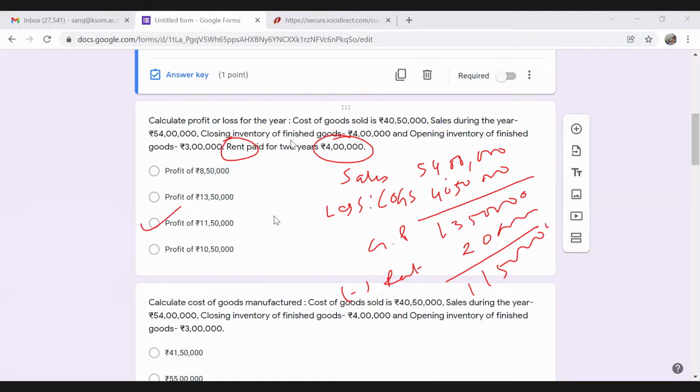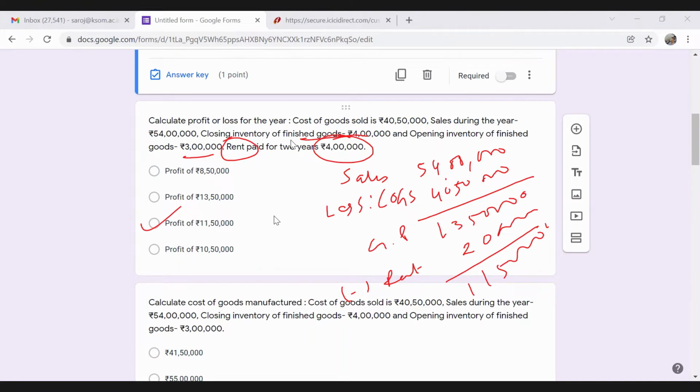These two pieces of information are of no use in this question because cost of goods sold is already given. To find out cost of goods sold, you take these two into consideration. Now, as it is already given, you don't need to bother about this. The other way of thinking is that when we have to take a decision, we will have plenty of information.